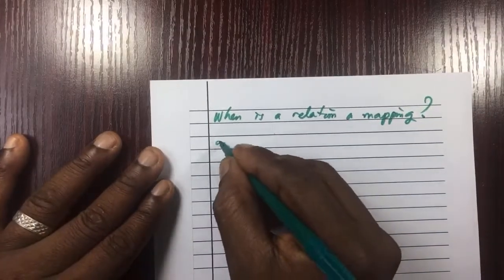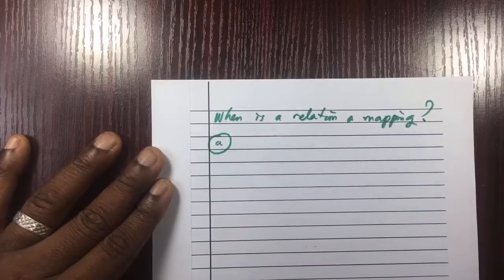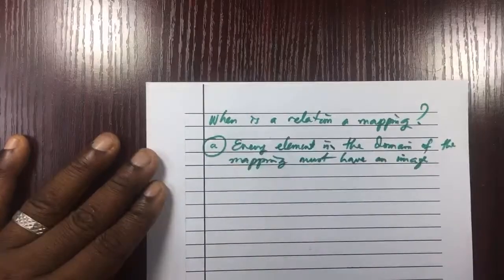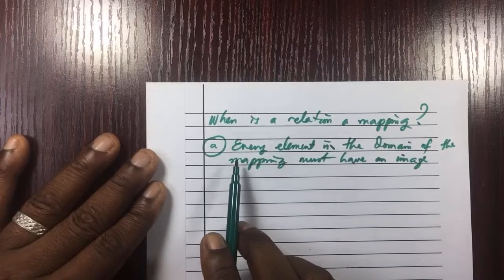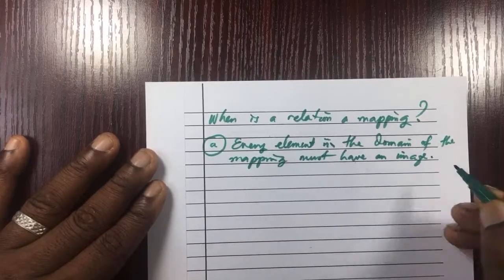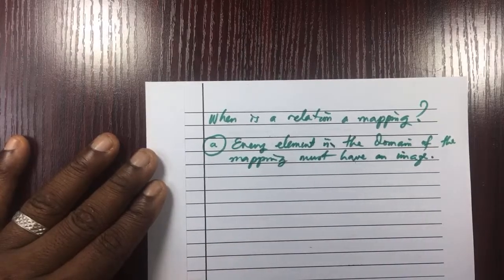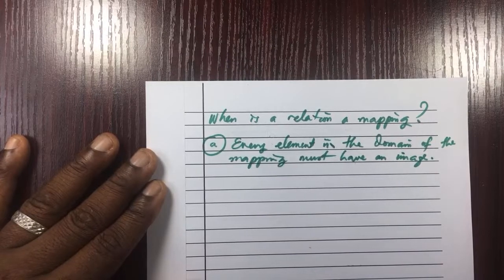There are two conditions I'm going to give. One, if a relation is a mapping, every element in the domain of the mapping must have an image. If every element in the domain does not have an image, then that relation is not a mapping.